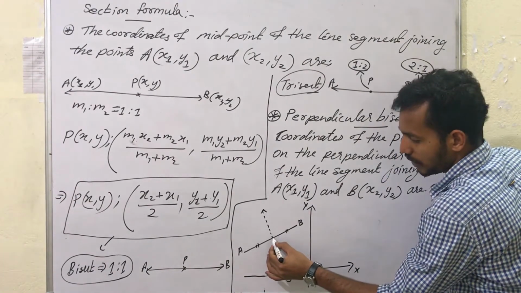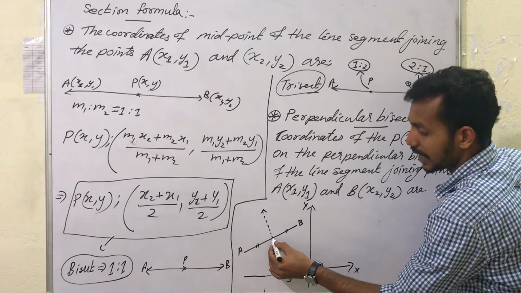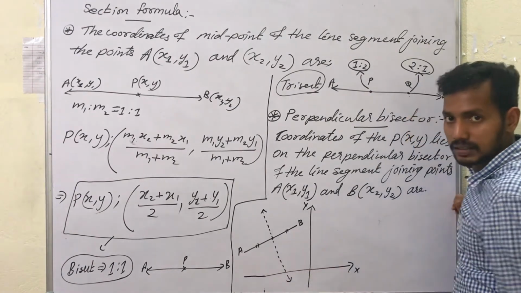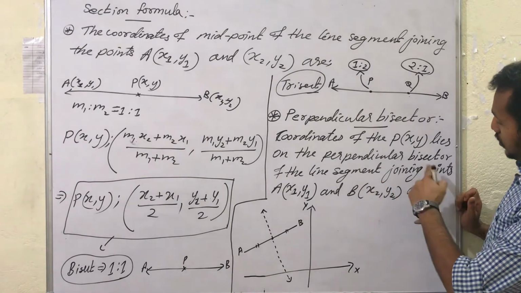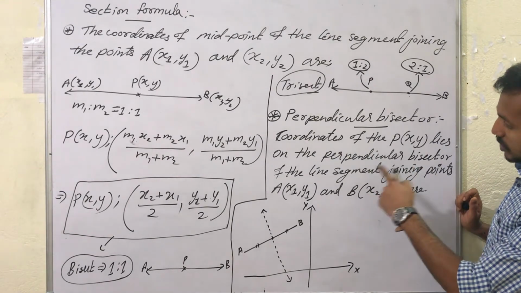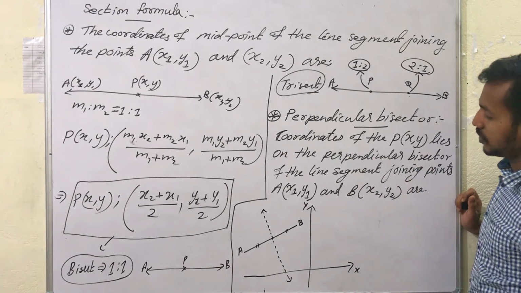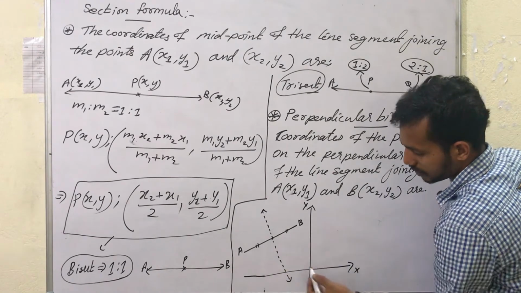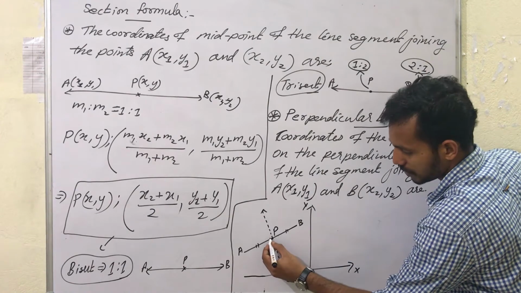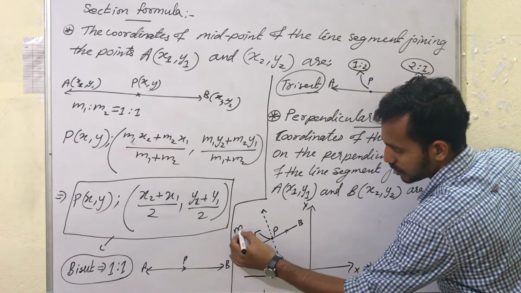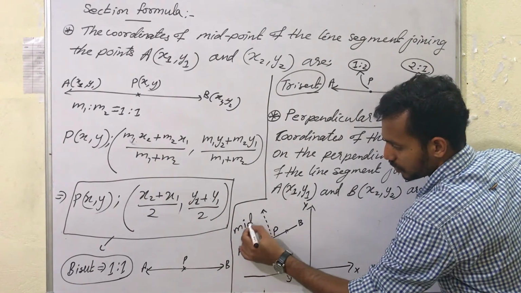Suppose you want to find the coordinates of a point P which lies on the perpendicular bisector. Then you can just use the midpoint formula, the same formula which we have learned.